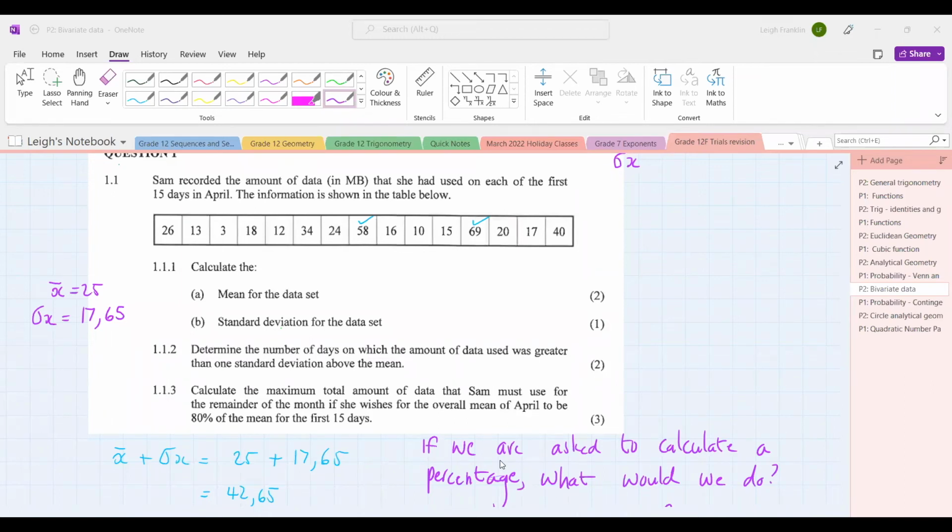So how are we going to do that? That's now more of a thinking question. Any ideas on how we should tackle that question?